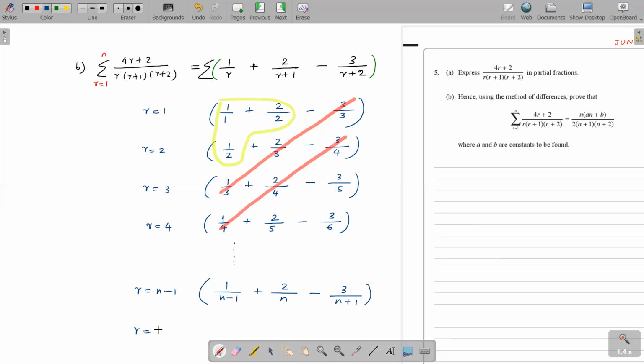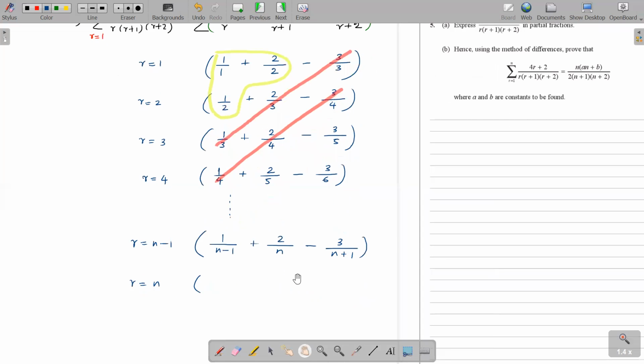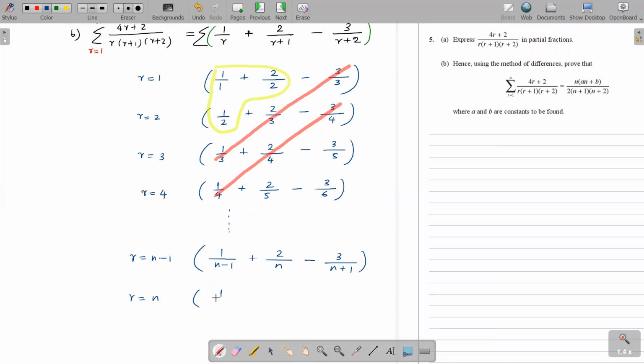And r equals n. When r equals n, what do we get? 1 over n, plus 2 over n plus 1, minus 3 over n plus 2.